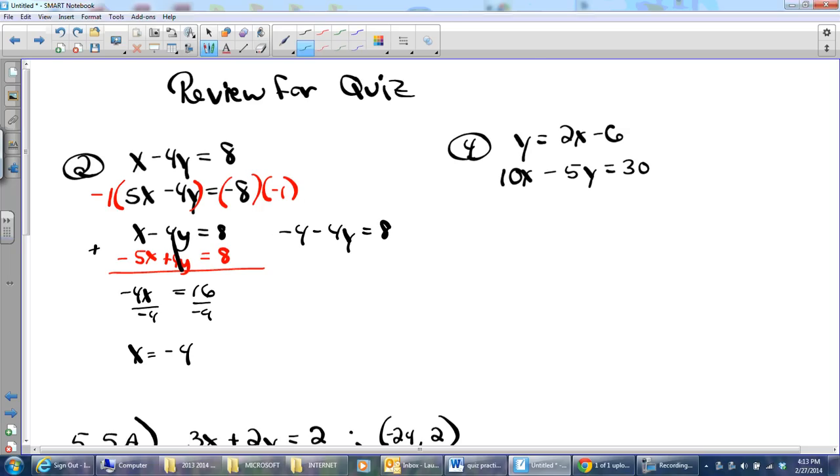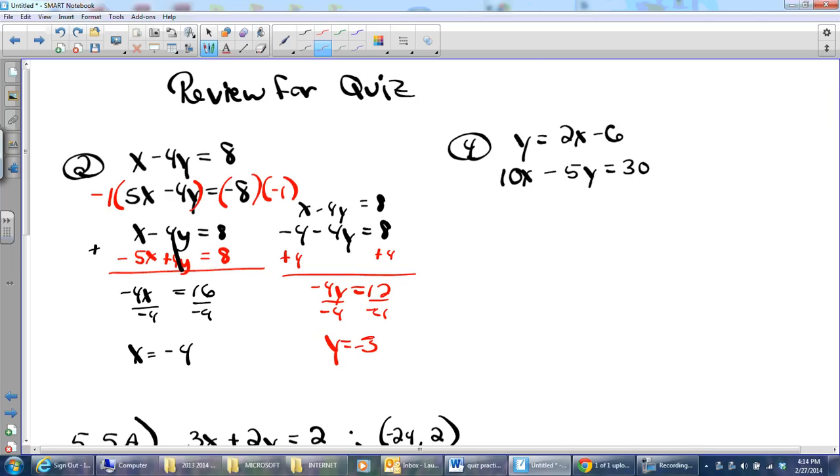All I did was plug in to there. Okay, and so here I will add 4 to both sides. I'll get negative 4y equals 12. Divide by negative 4 on both sides. And I'll get y equals negative 3.